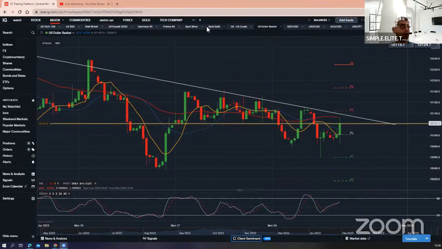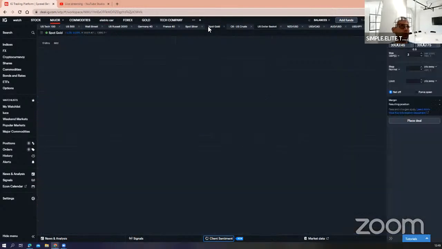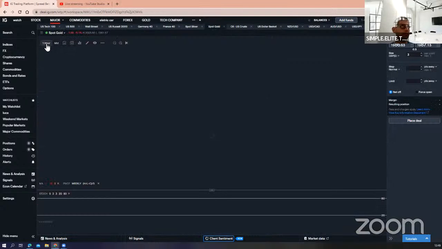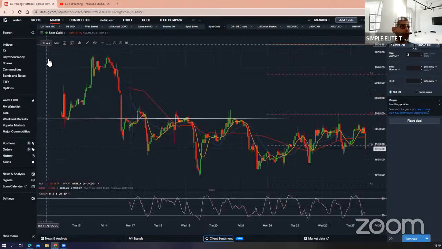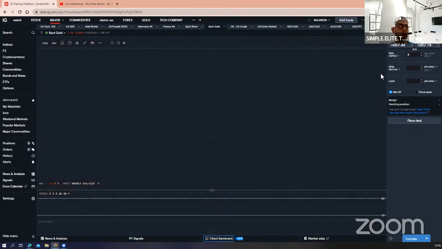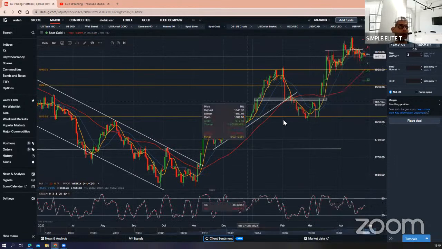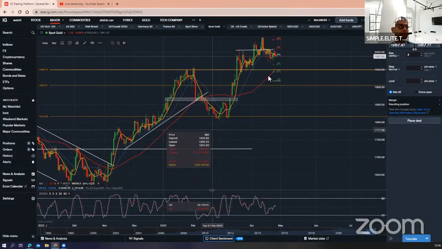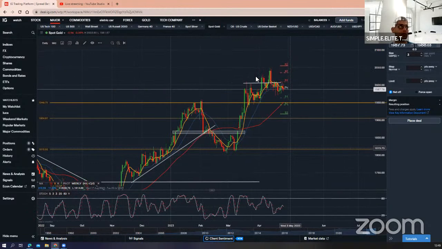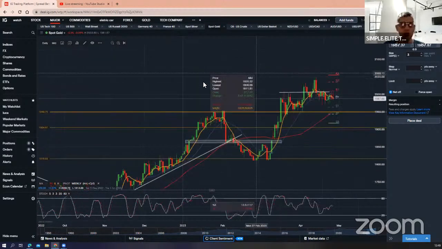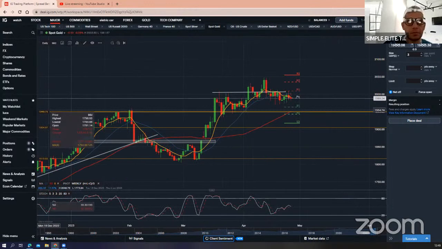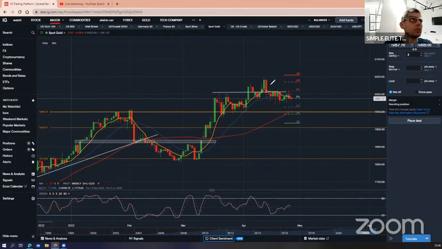So let's touch base on commodities. Gold, we said we could see some push lower on gold above the 2000, which we already see some weakness. So let's zoom in. After this, the gold approaching the 2000, which is this level here, it went 2 days above and then went back.